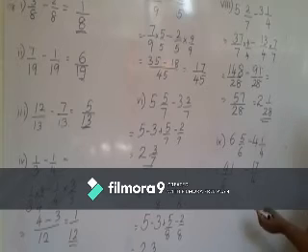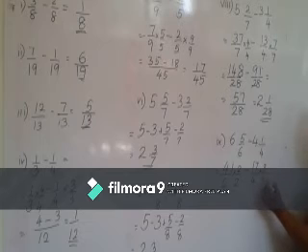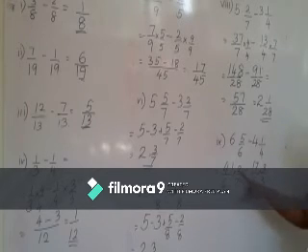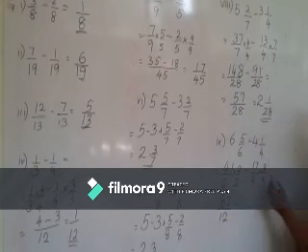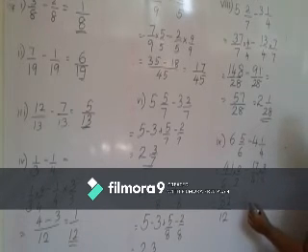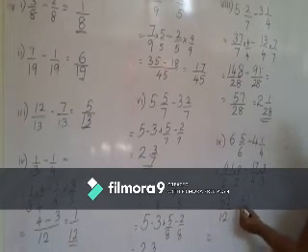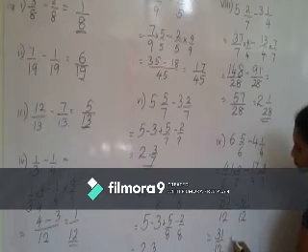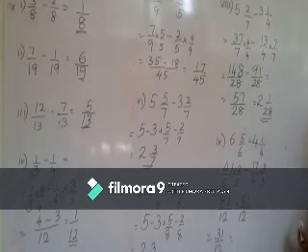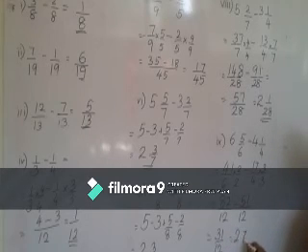Then we can make it into 12. 6 times 2, 4 times 3. 41 times 2 is 82 over 12, minus 17 times 3 is 51. 82 minus 51 is 31 out of 12. 2 times 12 is 24, and there are 7 remaining out of 12.